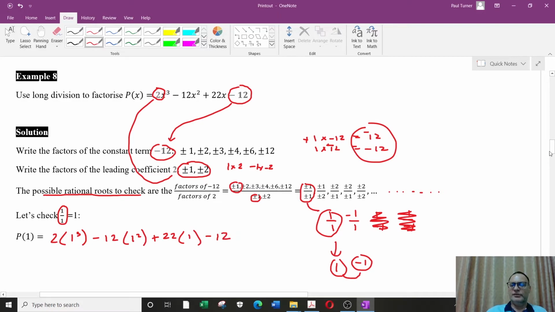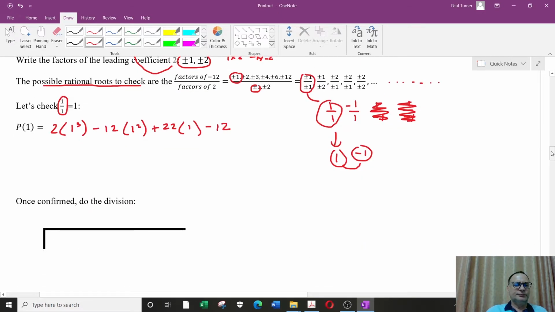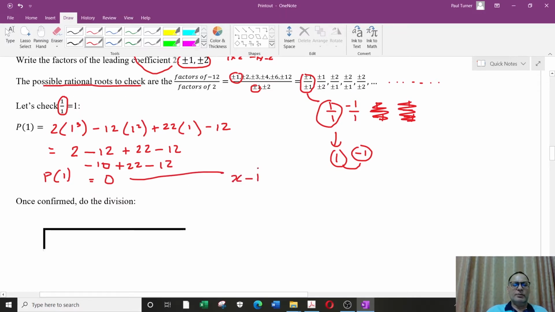And we want to see if we get 0 or not. So you're going to get 2 minus 12 plus 22 minus 12. 2 minus 12 is minus 10, plus 22 minus 12. And that's going to equal 0. So P(1) equals 0, which means that x minus 1 will be your factor. And that's your factor we'll use.